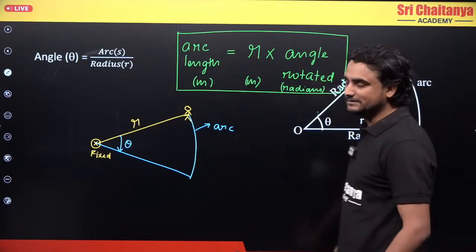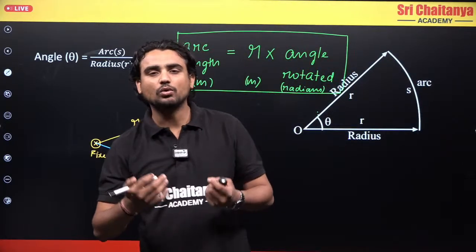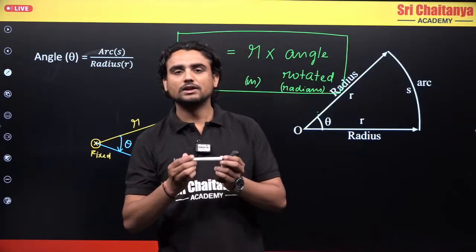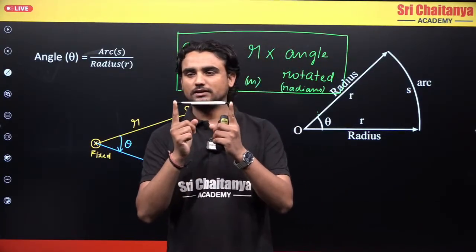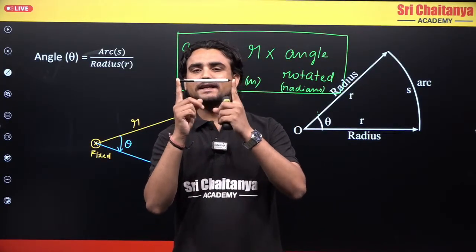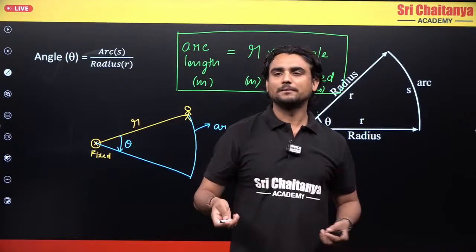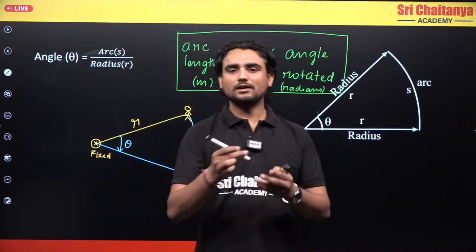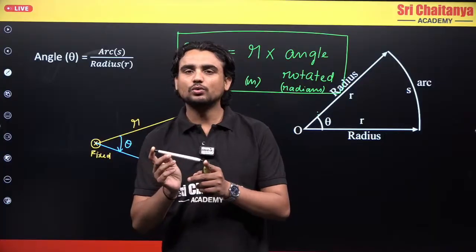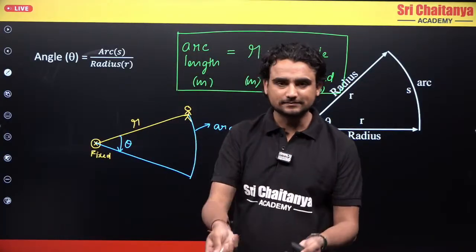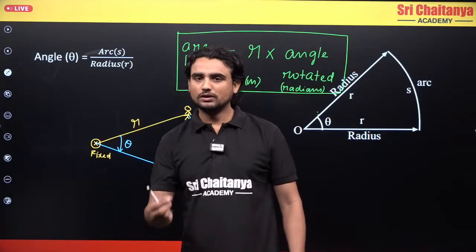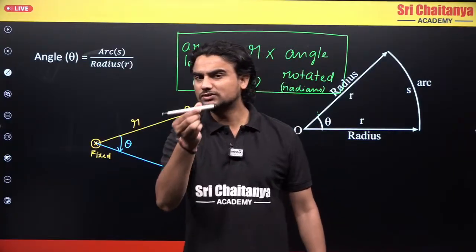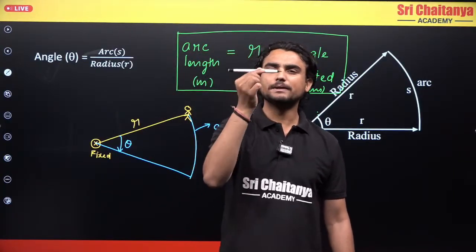So what are radians? Let's suppose I want to measure the length of this pen. The length of the pen is around 10 centimeters. But if I don't want to give it in centimeters, I can report the length of this pen in meters, or even in kilometers.